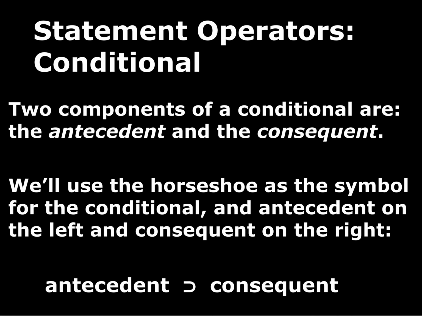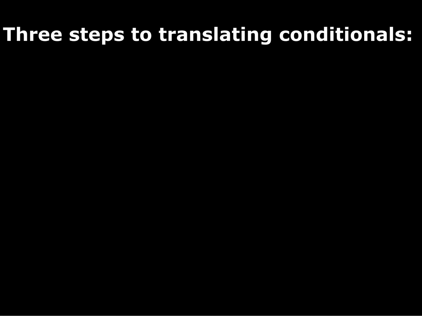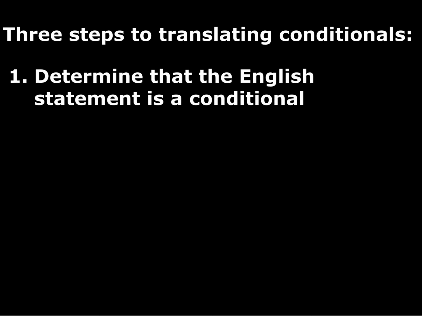Okay, so far so good. Now given that, there's going to be 3 steps to translating a conditional from natural language, English in this case, into the formal notation. Step 1 is just determining that the English statement is a conditional, as opposed to a disjunction or conjunction or atomic statement or whatever.